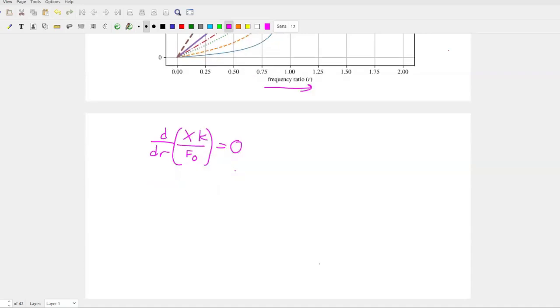So with that, I can easily show that, let's just put that equation back in. 1 over the square root of 1 minus r squared, plus 2 zeta r, squared, d over dr is equal to 0.